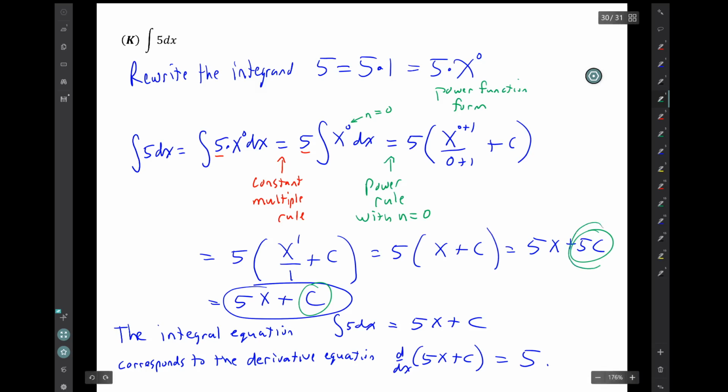Since in this expression, c can be any real number, that means that 5c can be any real number. So this function form represents 5x plus a symbol that represents any real number. So again, what I said earlier about the constant multiple rule being simple enough, but having some subtlety about the additive constant of integration, we see that keeps coming up.